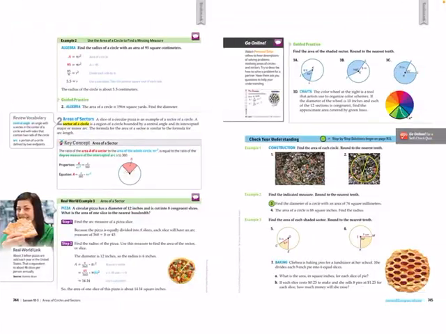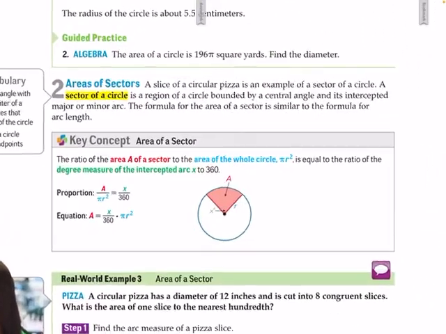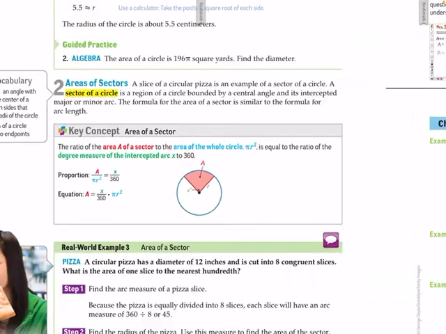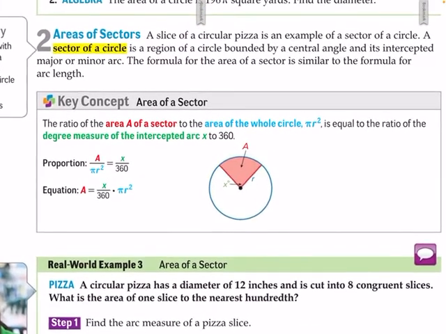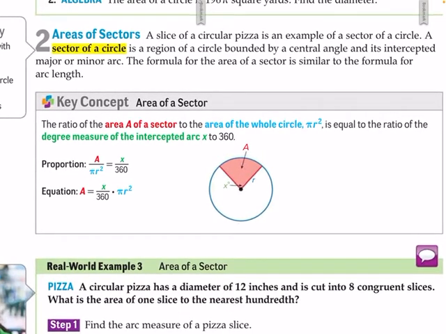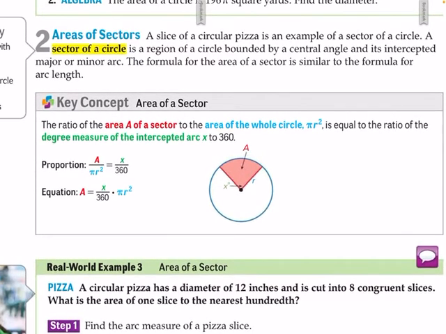Okay, we've got the sector of a circle. Area of a sector. Okay, sector is just a slice, like a slice of pizza, a small section of a circle. And the formula is similar to our length of an arc. It's that x over 360 times, but instead of the 2 pi r for length of an arc, we're doing x over 360 times pi r squared.